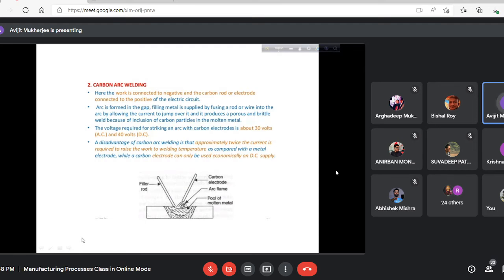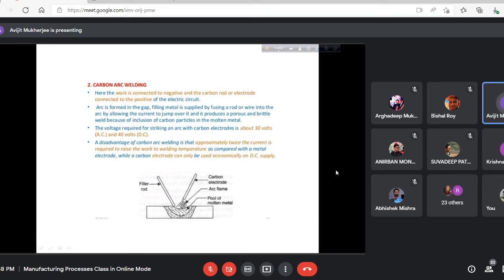Bare wire means the material, either aluminum or copper or ferrous metal, is not coated with any coating material. But here no metal is used, rather a carbon rod, a carbon electrode.